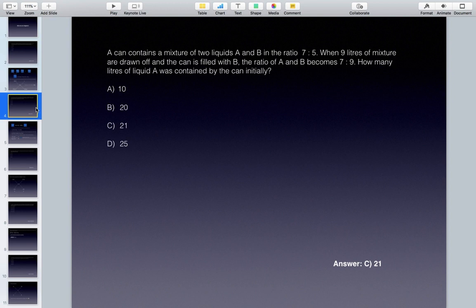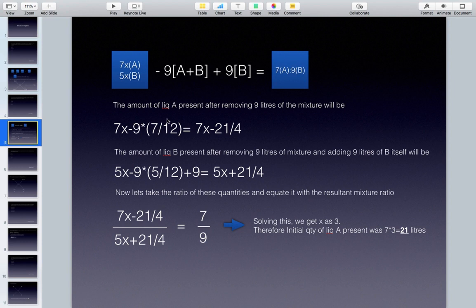So let's go to the second question. A can contains a mixture of two liquids A and B in the ratio 7:5. When 9 liters of mixture are drawn off and the can is filled with B, the ratio of A and B becomes 7:9. How many liters of liquid A was contained by the can initially? So this is the scenario.